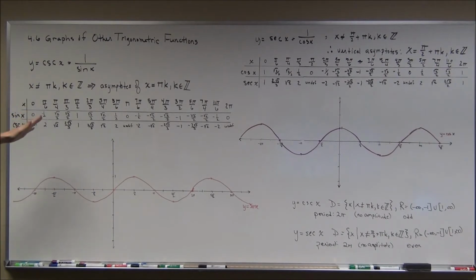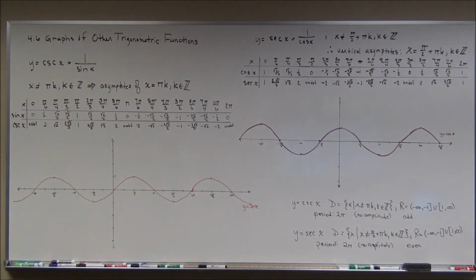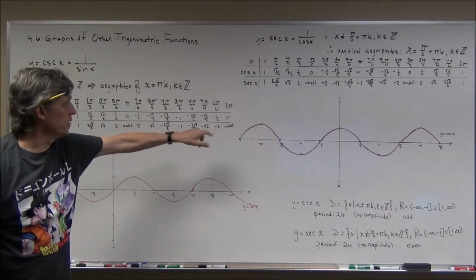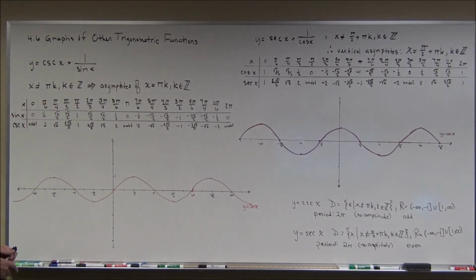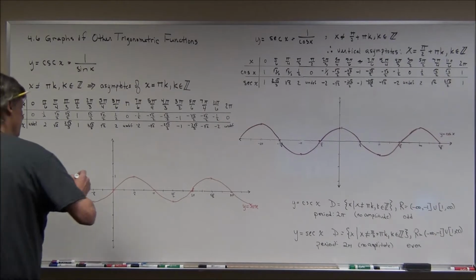So what I'm going to first do is look to see that every time my sine crosses the x-axis, that means the y value of y equals the sine of x would be 0, which means that the cosecant would be undefined. You see, I have just written down UNDEF, or undefined. So the first thing I'm going to do is draw in some vertical asymptotes.